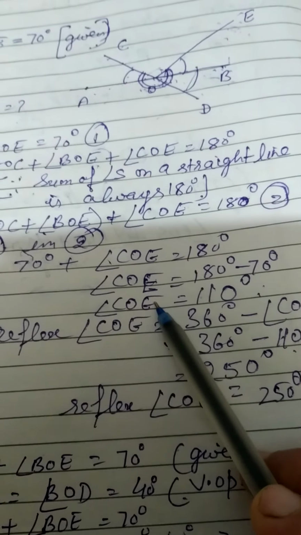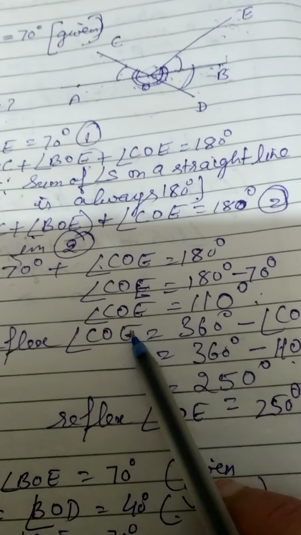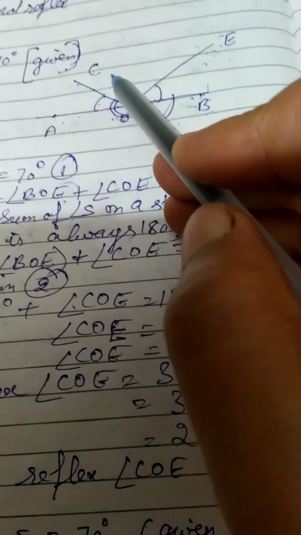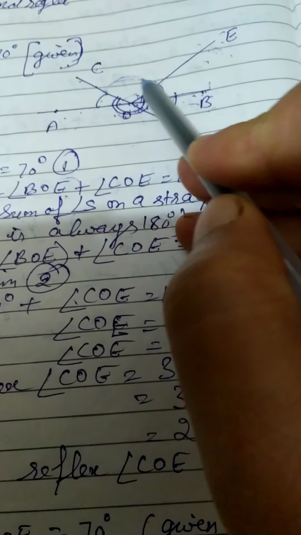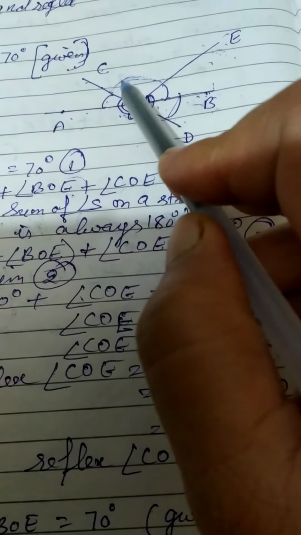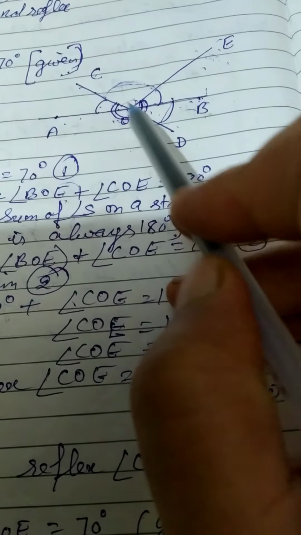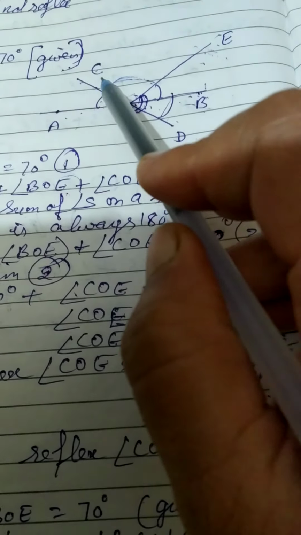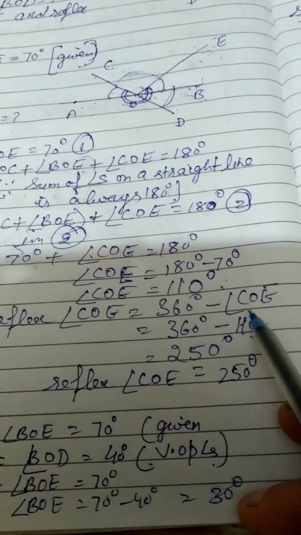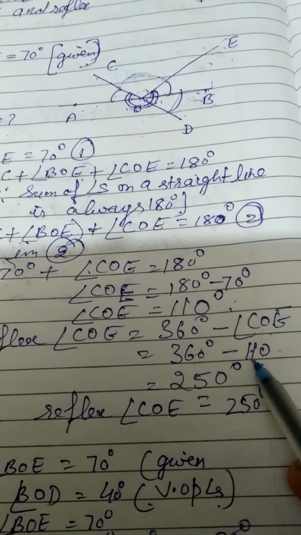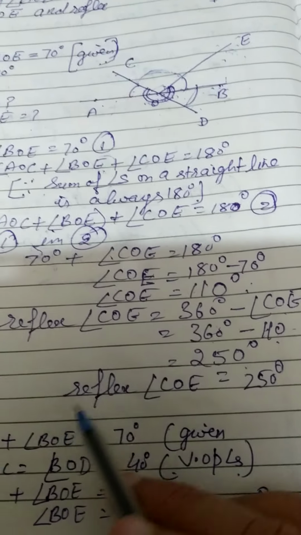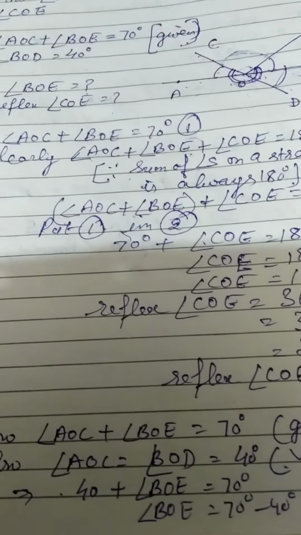From here we get angle COE is equal to 180 minus 70, that is 110. Now reflex angle: this angle we have got equal to 110 degree. When this angle is subtracted from 360, we will get this reflex angle. Reflex angle COE will be equal to 360 minus angle COE, that is 360 minus 110, it is 250. Reflex angle COE is 250.